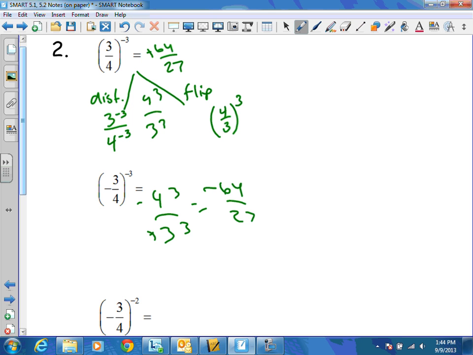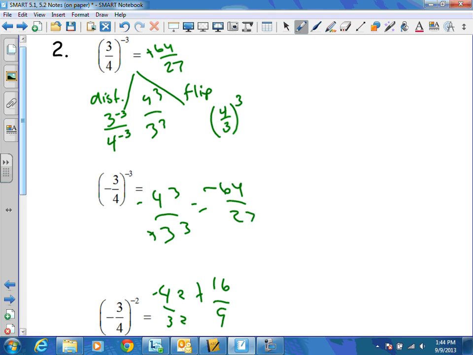All right, one more, Jake. So why would we put a negative here? Is the exponent even or odd?